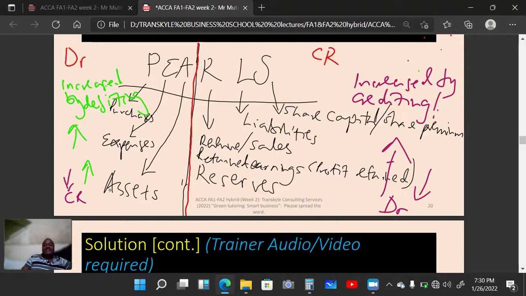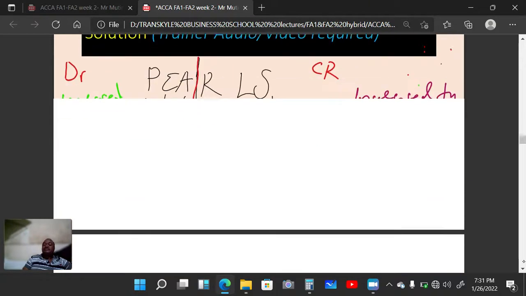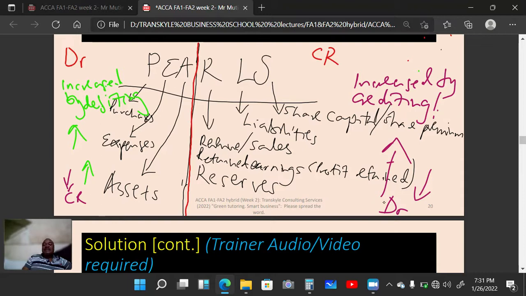All these guys we will be reducing by crediting. Here we'll be reducing them by debiting. Are we together? That's accounting, guys. I'm sorry, and that's how it is. Make sure that the values for the debit and the credit should tally, they should equal. So we are done with that example, ladies and gentlemen. Let's move on, because we have got a lot of work to do.